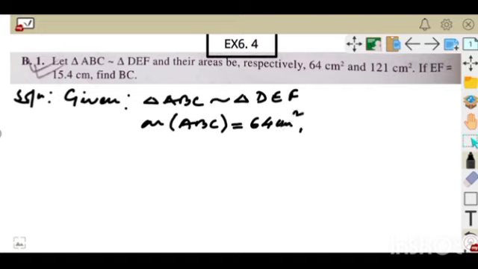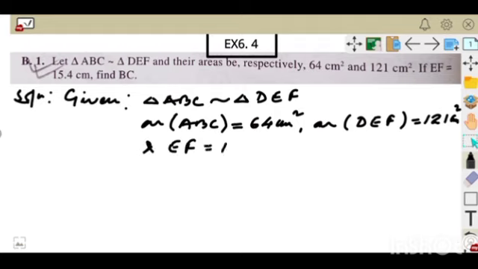Next I'm going to write the area of triangle DEF, which is 121 cm².